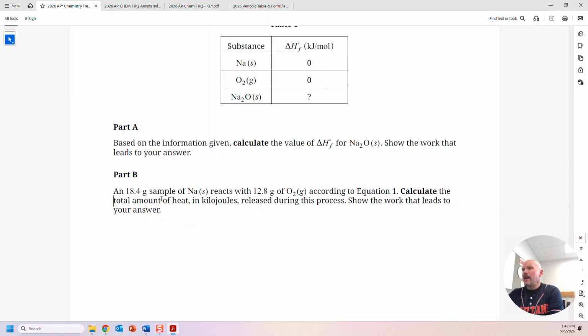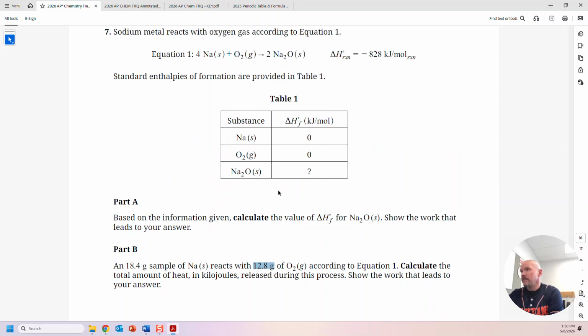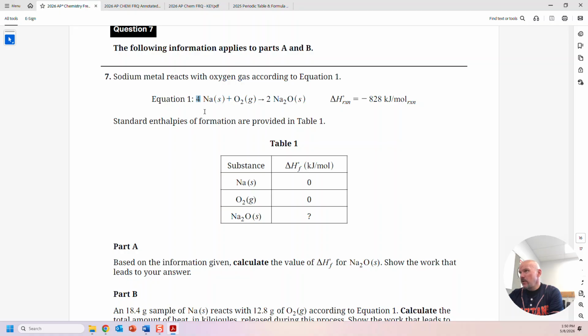It's about moles: you divide 18 by 22.99, sodium's molar mass, and 12.8 by 32, oxygen's molar mass. So you have fewer moles of oxygen, and a lot of students are going to think oxygen is limiting because you have fewer moles of it. But remember, the coefficient of sodium is 4. You're going to consume 4 moles of sodium, but only 1 mole of oxygen. So maybe the sodium is limiting.